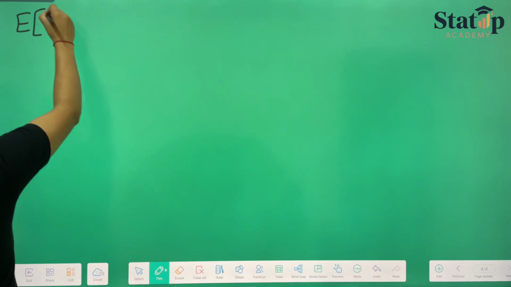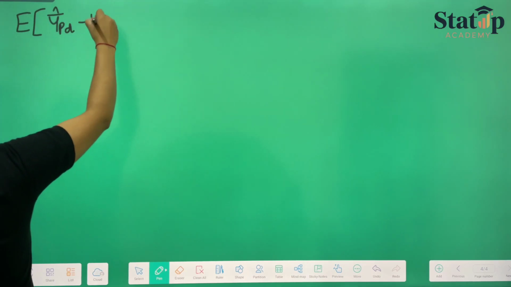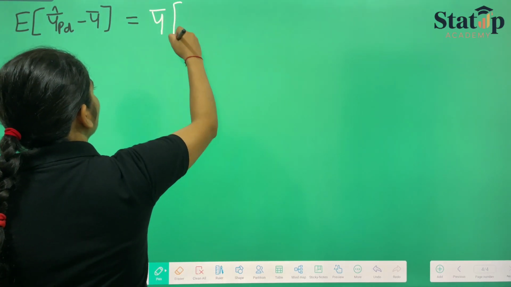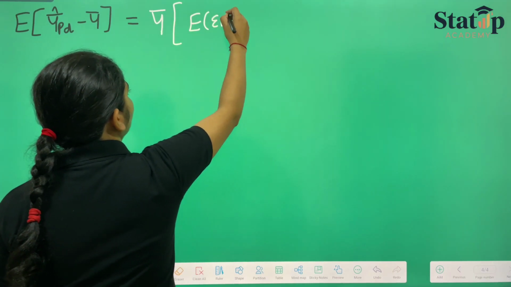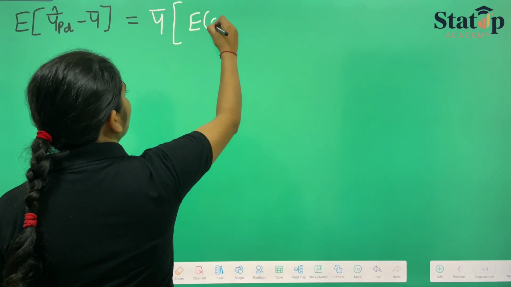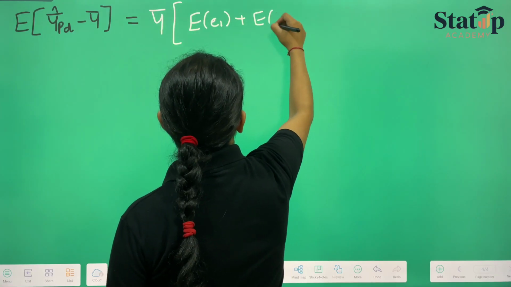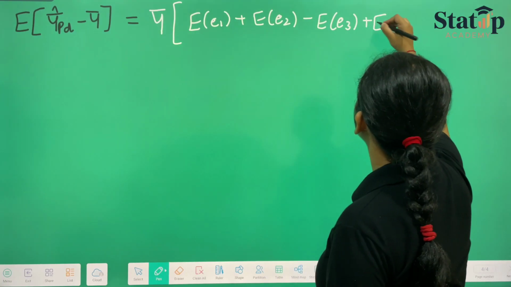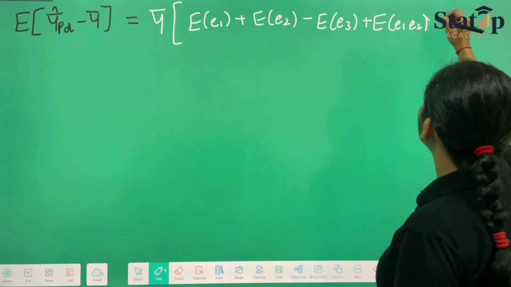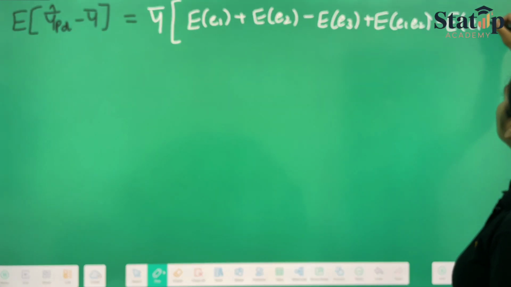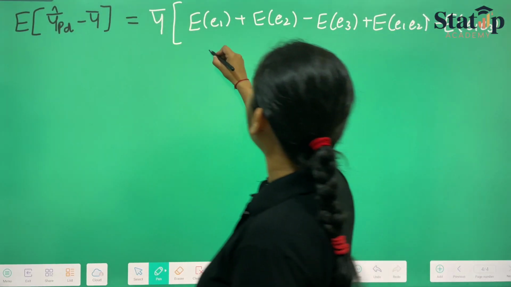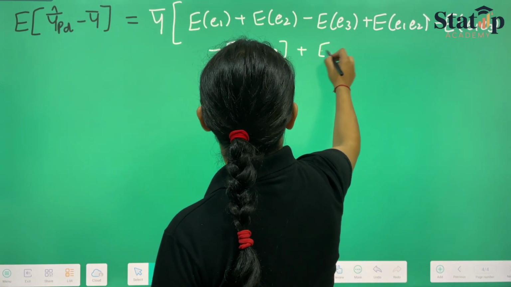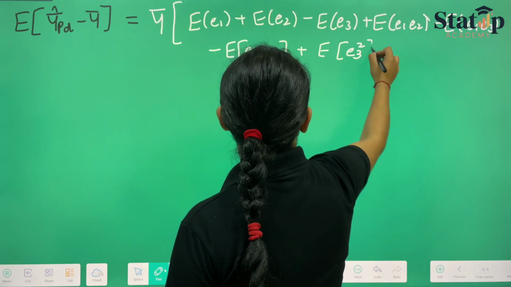Estimation of product estimator of double sampling minus y bar is nothing but y bar into estimation of E1 plus estimation of E2 minus estimation of E3 plus estimation of E1 E2 minus estimation of E1 E3 minus estimation of E2 E3 plus estimation of E3 whole square.